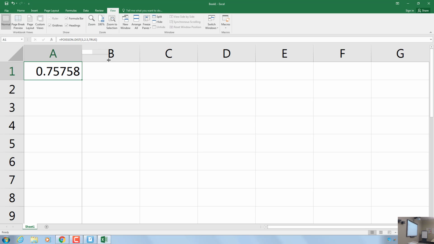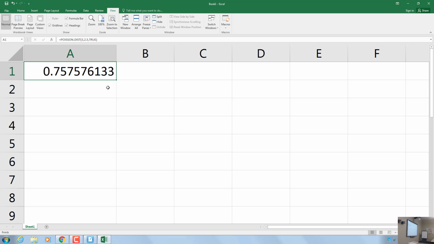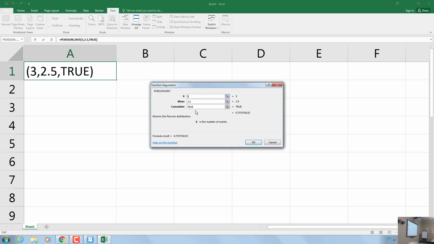I can make it bigger if you want me to. It's just a straight Poisson calculation using Excel instead. And honestly, it's just a matter of using the correct pieces of the calculation inside the function builder, and it'll do it straight up for you.